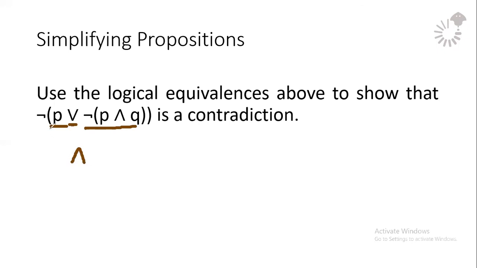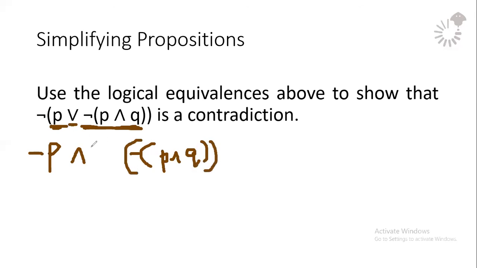Tapos, yung negative, distribute natin dito sa first statement, magiging negative P. Tapos, negative, distribute natin dito sa second statement. Itong second statement, may negative na siya automatic. Negative, P, and Q. Tapos, sinamahan pa natin ng isa pang negative na galing dun sa labas. Kaya siya naging ganyan. This is De Morgan's. Nasundan?